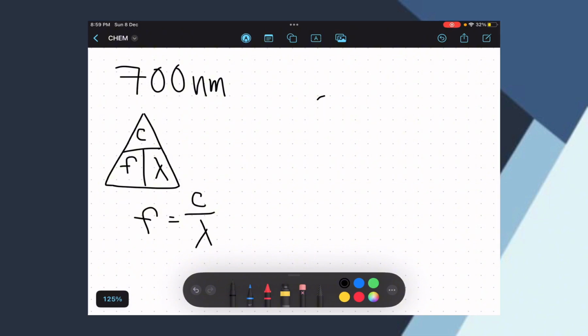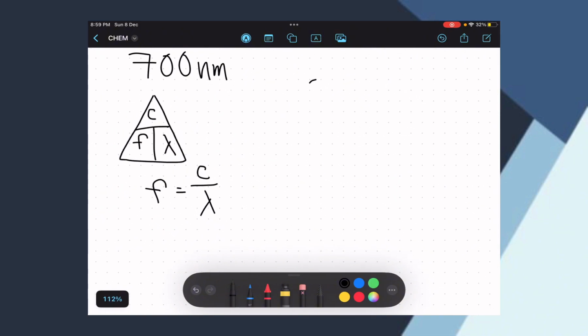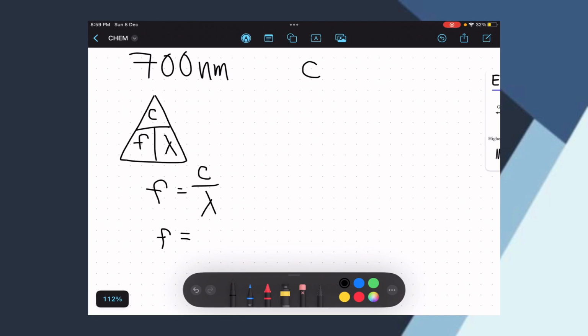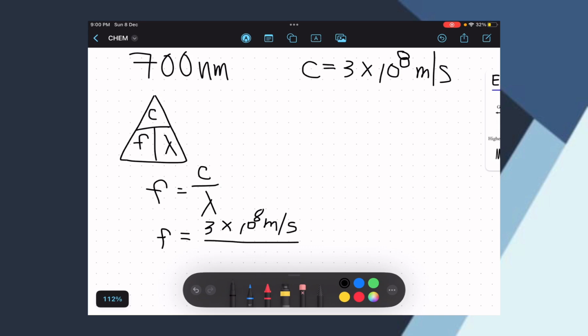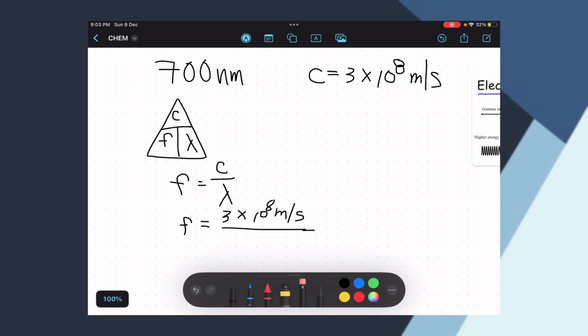The next step is you just have to substitute. Remember that the constant is 3 times 10 to the power of 8 meters per second. So for the constant, you just plug in 3 times 10 to the power of 8 meters per second. As for the wavelength, you cannot just plug in the 700 nanometers because you will have a mismatch of the units.